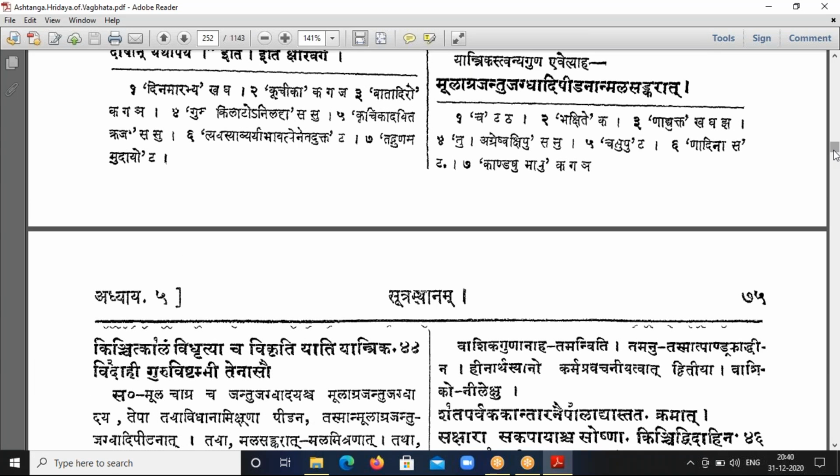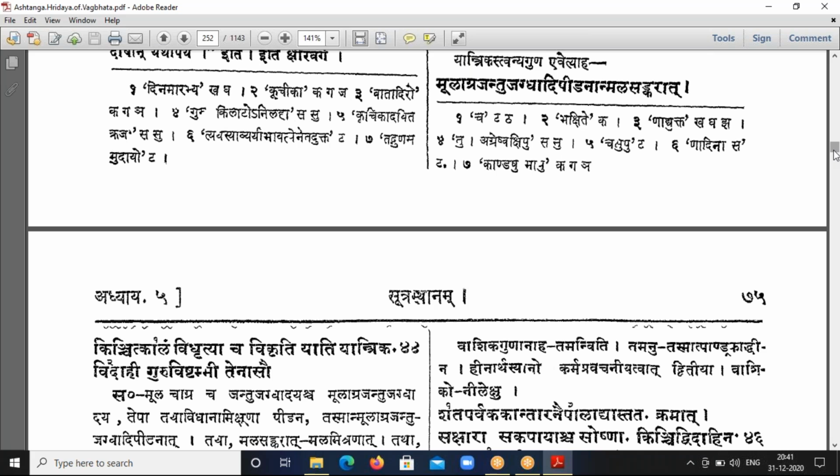Yandrikaha ikshurasaha. Yandrikaha means something related to yandra, a yandra which is used to extract sugarcane juice; the entire stem is put into that press.